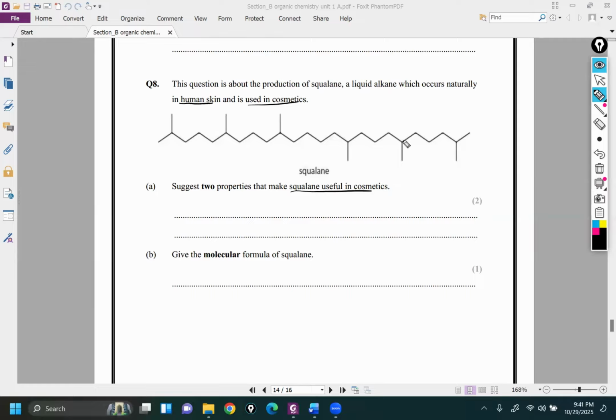As I told you, alkane is saturated. Saturated means each carbon makes 4 single bonds, attached to 4 atoms, so it is least reactive. When it is used in cosmetics, definitely we will put it on the face, our hands, on the skin, so it is unreactive. So it will not react with our skin, so there will be no allergy problem. Second thing is this is an alkane kind of oil.